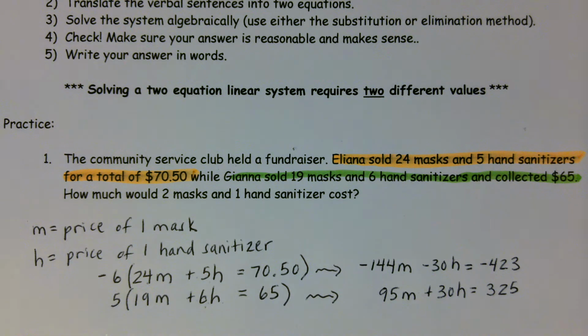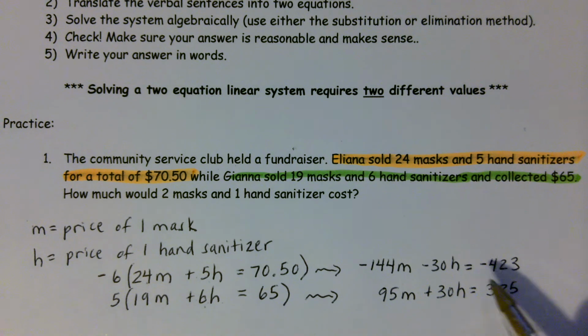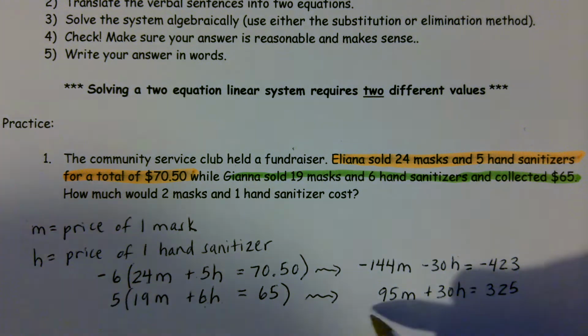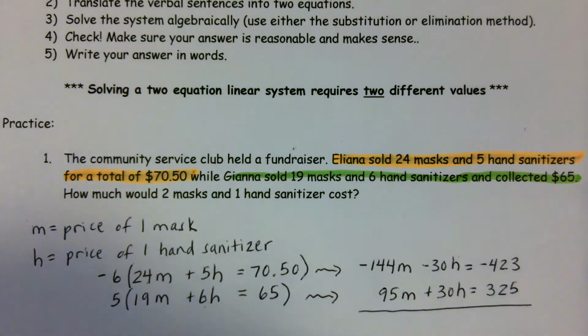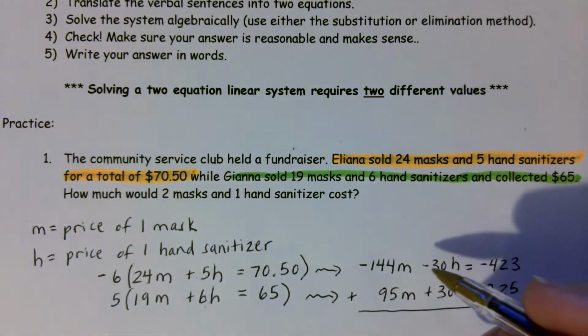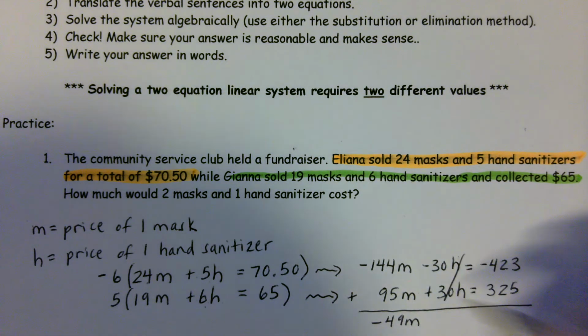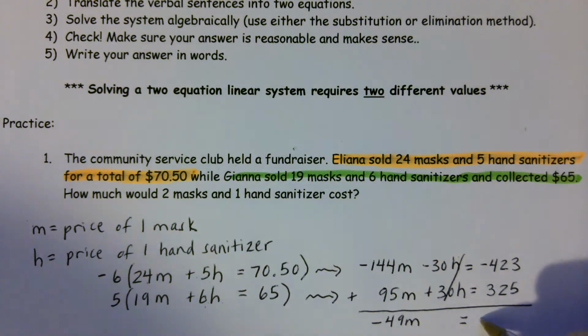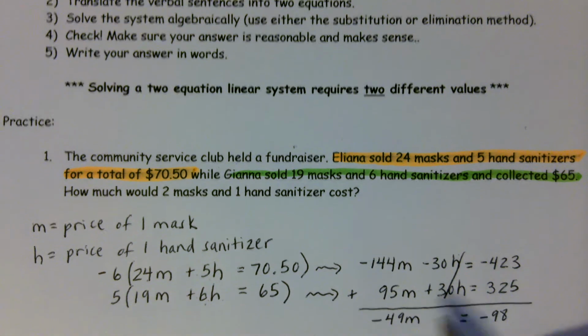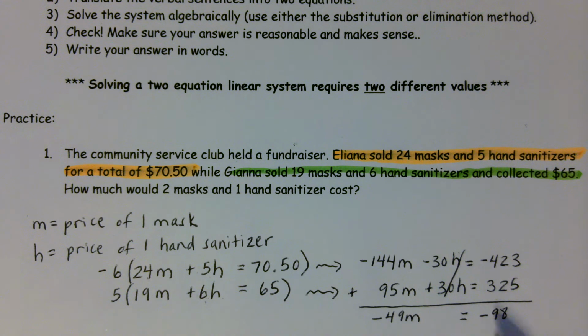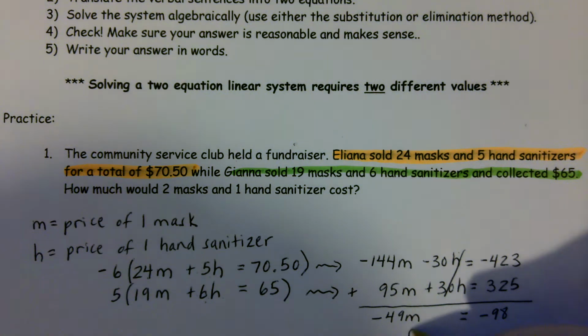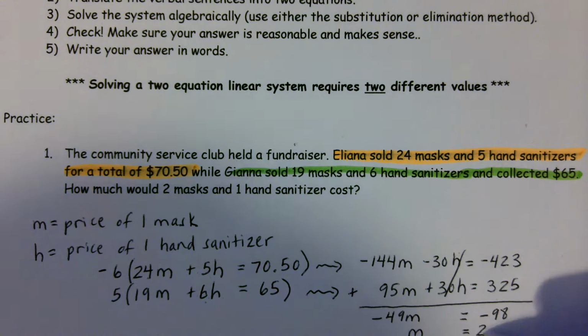The whole reason I did this is I wanted to create a zero pair to let me eliminate that variable. So now that I have that zero pair, I'm going to add these. I get negative 49M, and the H's are a zero pair, equals negative 98. To solve for M, I'm going to divide both sides by negative 49, and I get M equals 2.